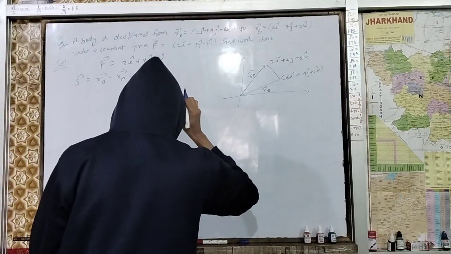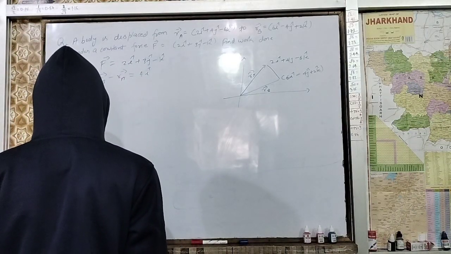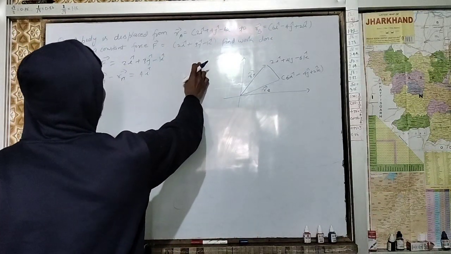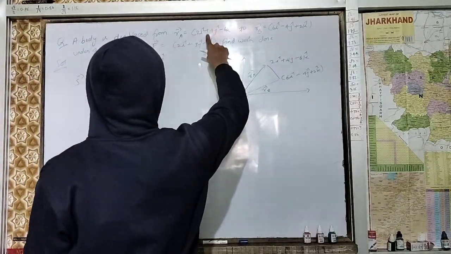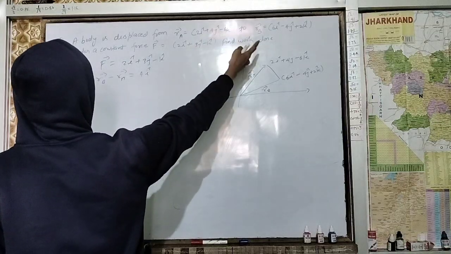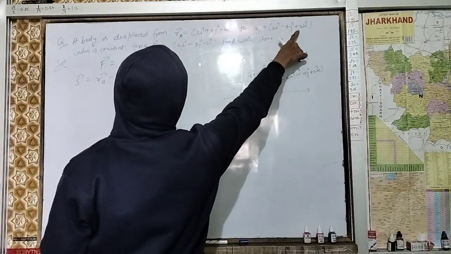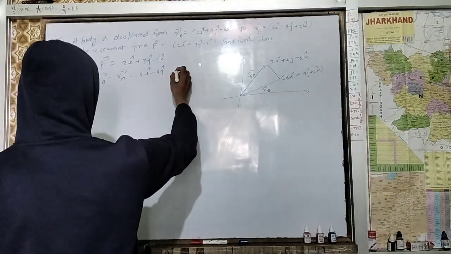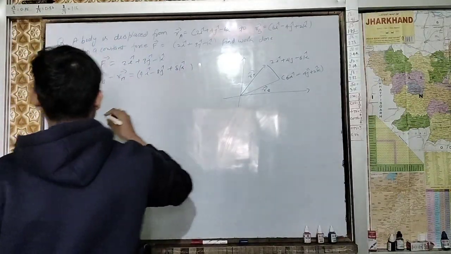Then minus 4 and minus 4 will be minus 8j cap. Then plus 2 plus 6 will be plus 8k cap. This is our displacement vector.